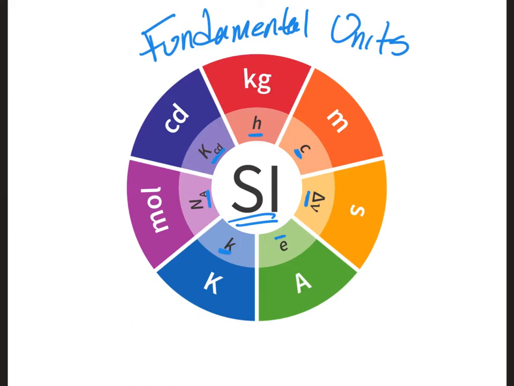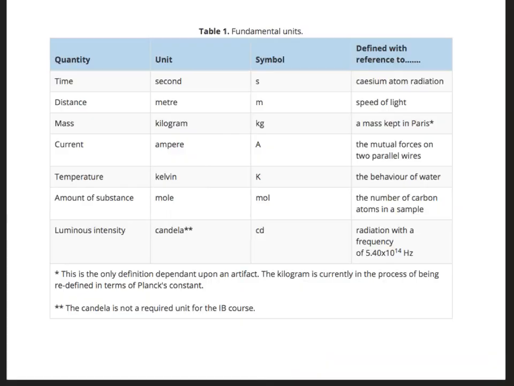Each unit has its own fundamental constant. Now, these constants have changed as our understanding of things have changed throughout science, but that is the idea behind fundamental constants. Here you can see the actual breakdown from your Cognitive textbook. So each fundamental unit or quantity is represented by a symbol and is also defined with reference to something specific. And I'll tell you a little bit more about that on the next slide.